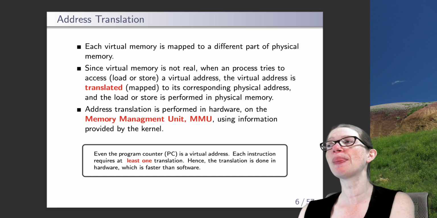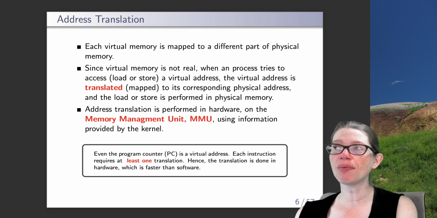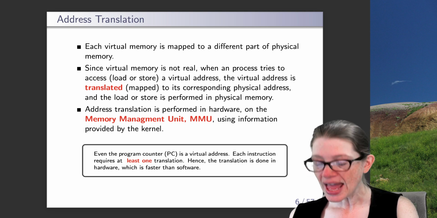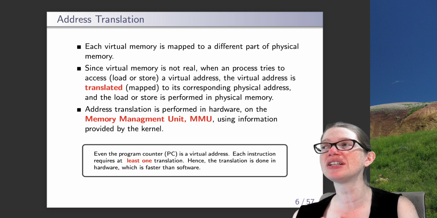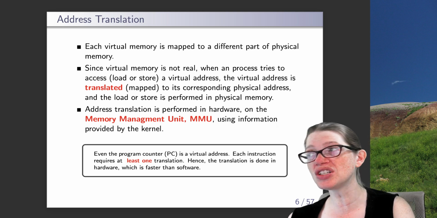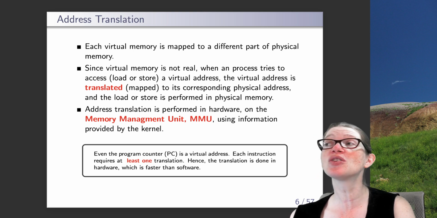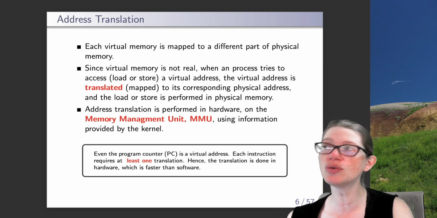Now, what's interesting about this is there are different implementations of the MMU. They are physical hardware, and each MMU is going to support a different translation scheme. The translation schemes your MMU supports are going to dictate to your operating system the maximum virtual memory size, because it dictates how many bits you're allowed to use.